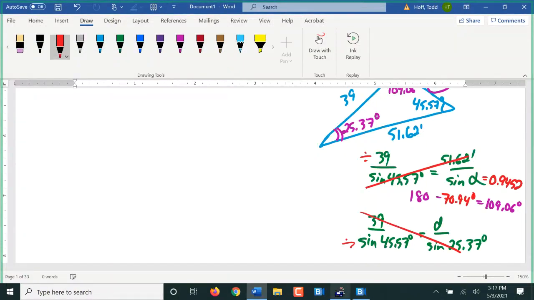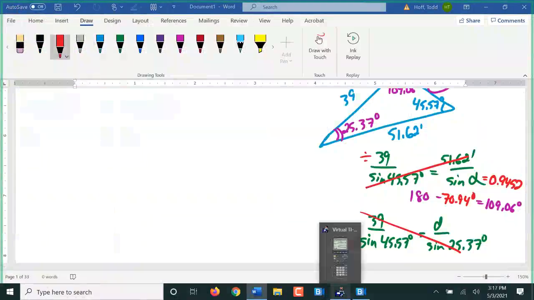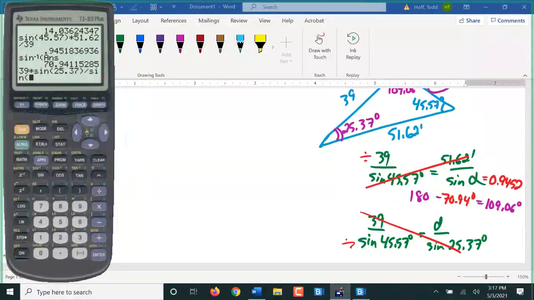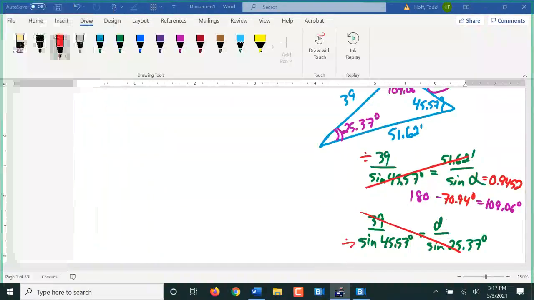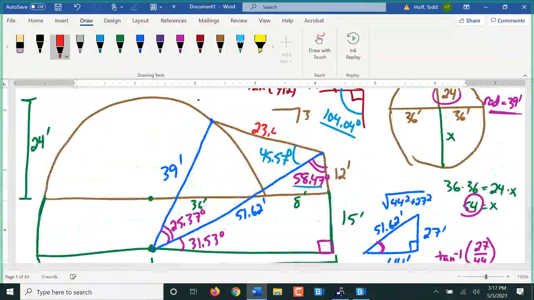Divide. 39 times the sine of 25.37 divided by the sine of 45.57. 23.40. So I'm going to label that 23.40 feet there. We're going to need that length for our roof area at some point.